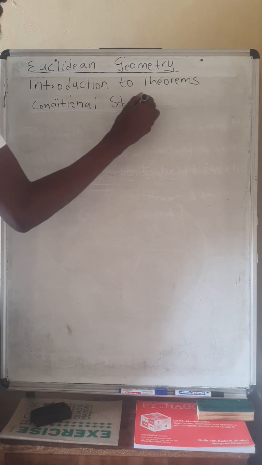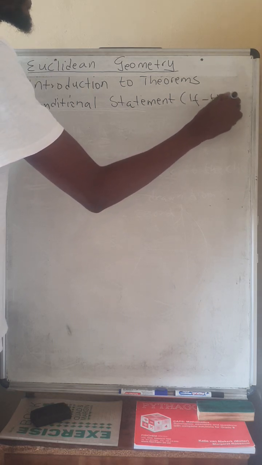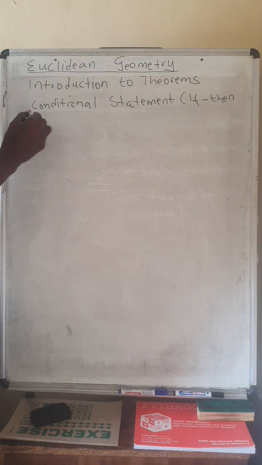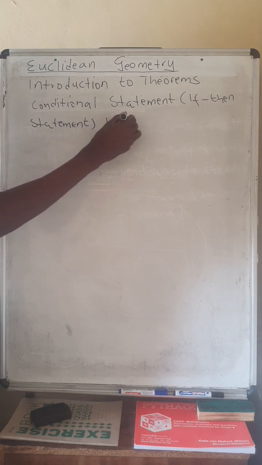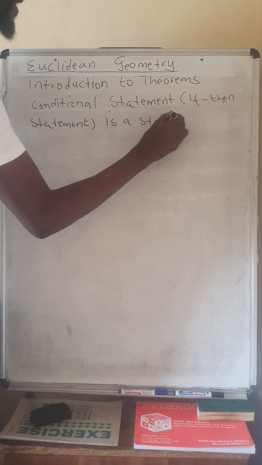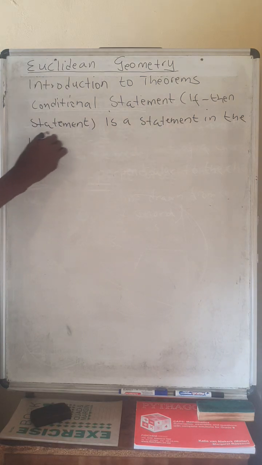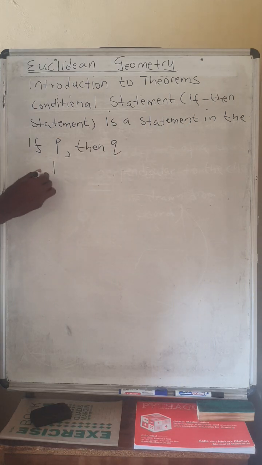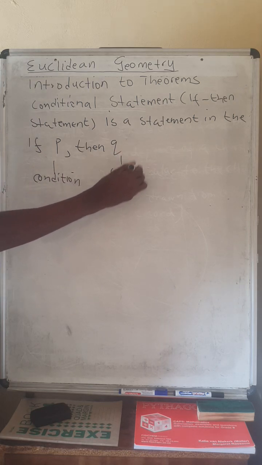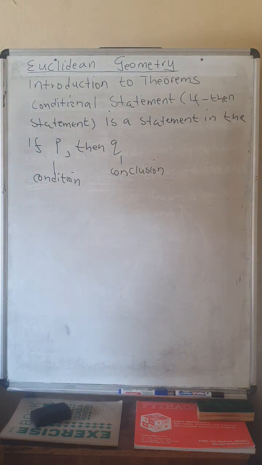So, conditional statement, also known as an if-then statement, is a statement in the form P then Q, where P is the condition and Q is the conclusion of a conditional statement.